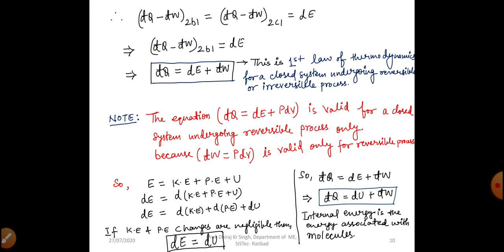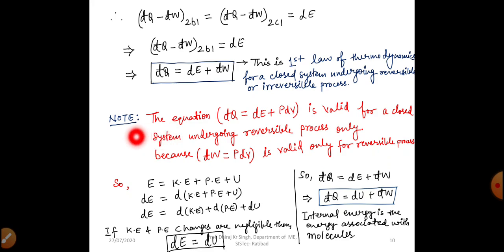Earlier in the first law we got that summation Q is equal to summation W, and that was the equation of the first law of thermodynamics for a cyclic process. But here we are getting the expression del Q equal to dE plus del W. This is the expression for the first law of thermodynamics for a closed system, but this is for a process. Del Q is equal to dE plus del W.